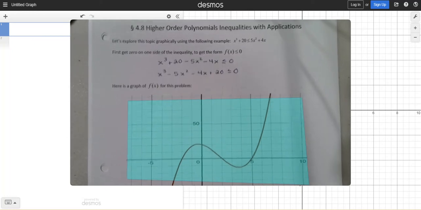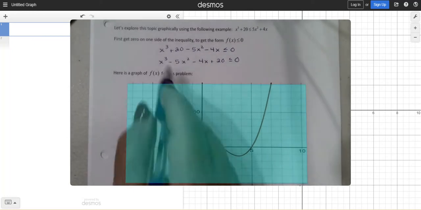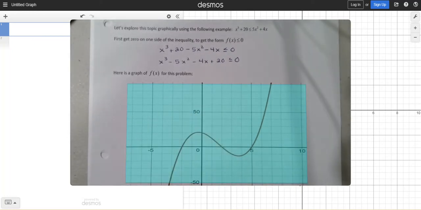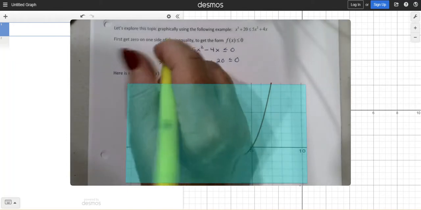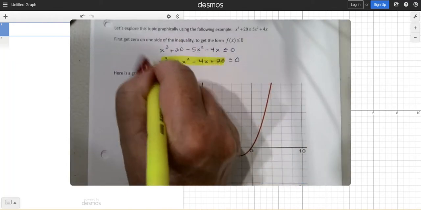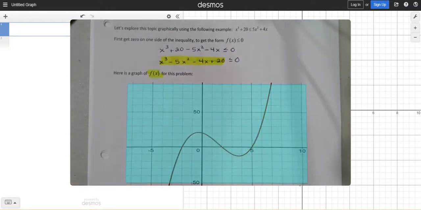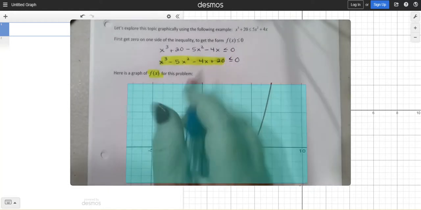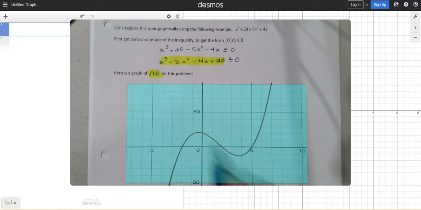What I've got for us here is a graph of this function. So we've graphed this polynomial right here. And I'd like us to just see what we could do about solving that inequality, just kind of by looking at the graph. So I want to know, when is this polynomial, as shown in the graph, less than or equal to 0?